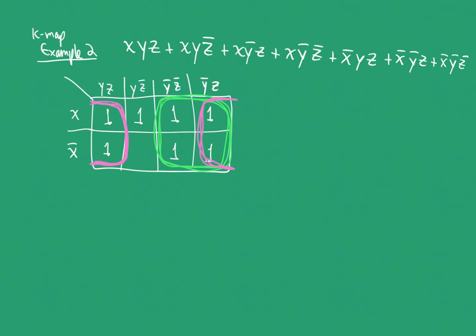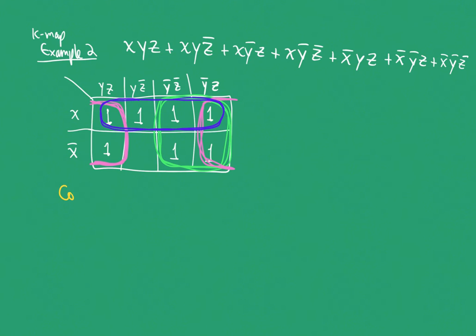So with that principle in mind, I'm not going to circle this one by itself. I'm not going to limit myself to just circling this 1 by 2 rectangle or this 1 by 2 rectangle. I will in fact instead circle this entire row. It'll be a 1 by 4 row. And that's going to give me a way to cover all the ones.